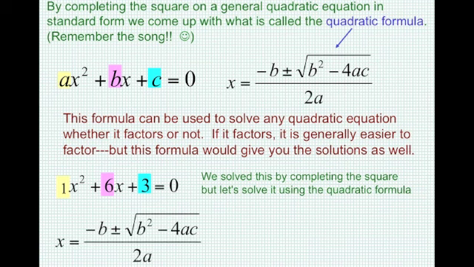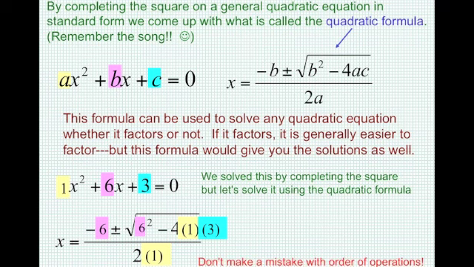So if we replace a, b, and c everywhere we see the corresponding variables in the formula, we end up with negative 6 plus or minus the square root of 6 squared minus 4 times 1 times 3, all over 2 times 1.